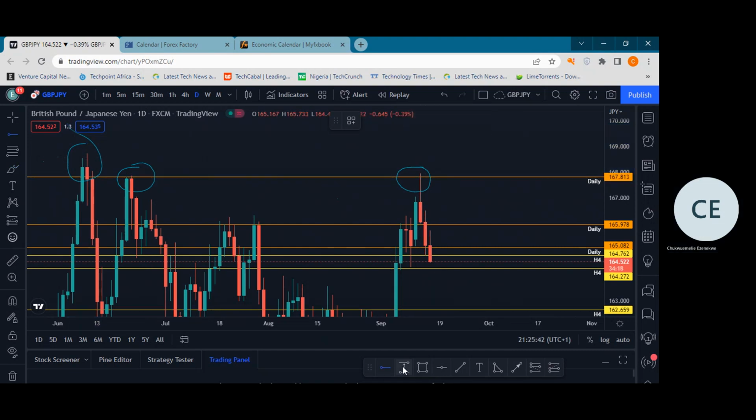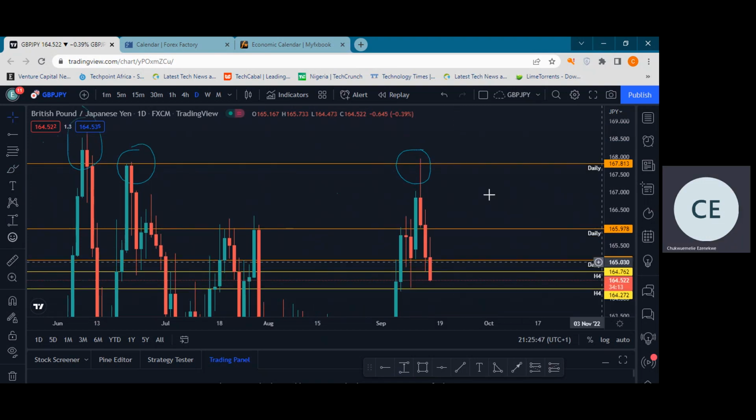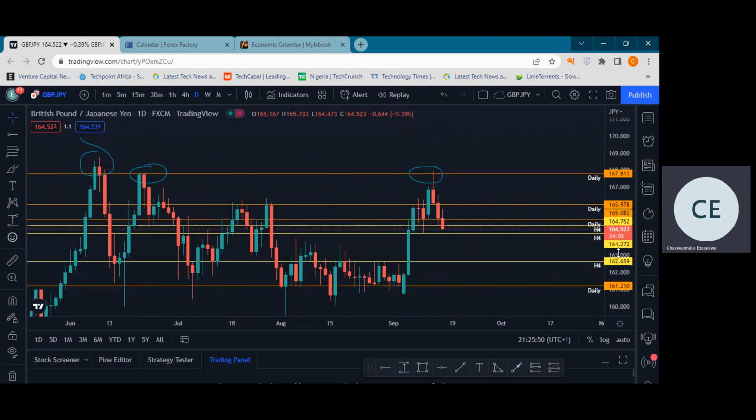What the daily is showing us is that we're in a bearish trend, but there's something I note on the daily. Look at this: how many candles? 1, 2, 3 candles before we found the support to go up. Now look at what happened again. 1, 2, and there was a third candle that found the support. What I want us to notice is that this is how you read candles better.